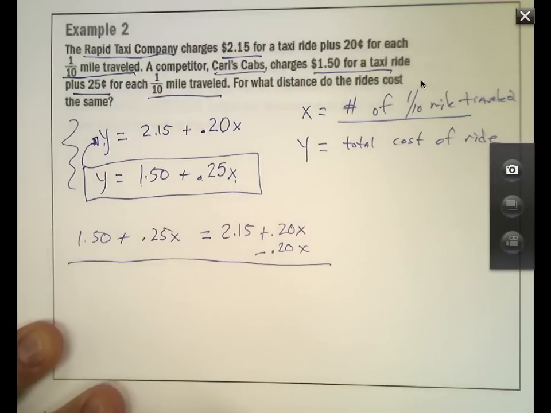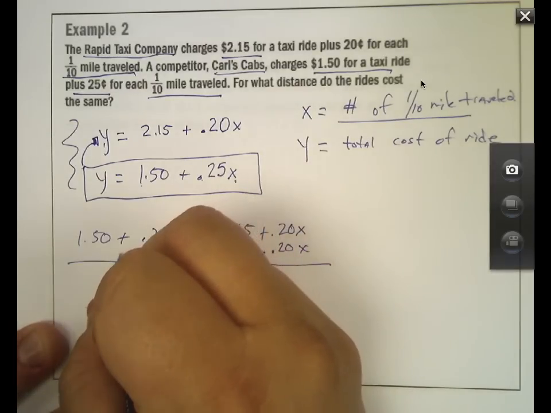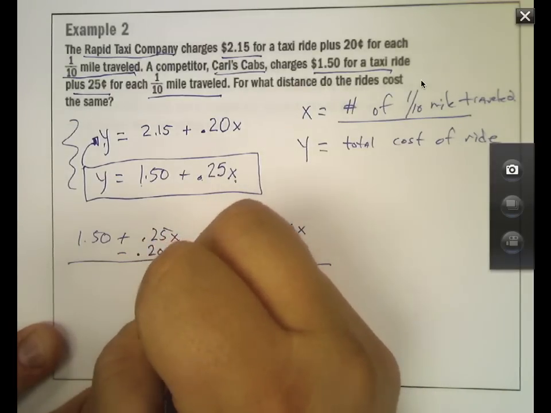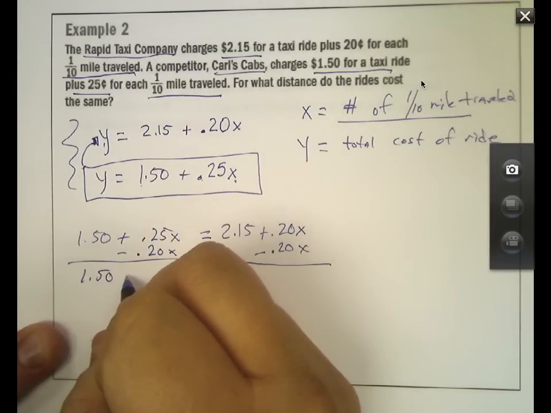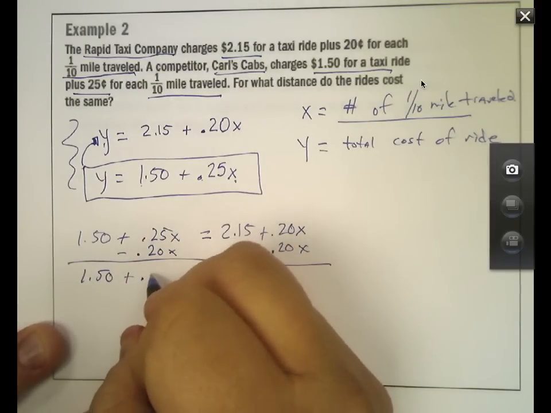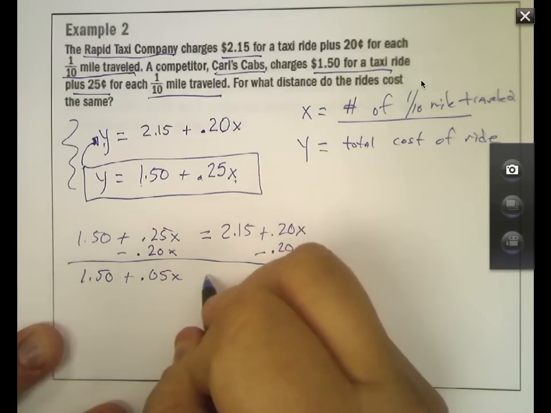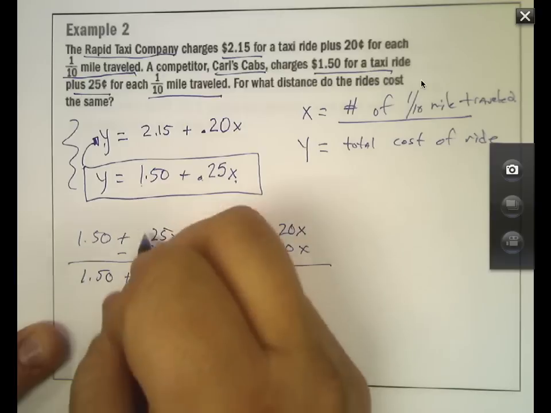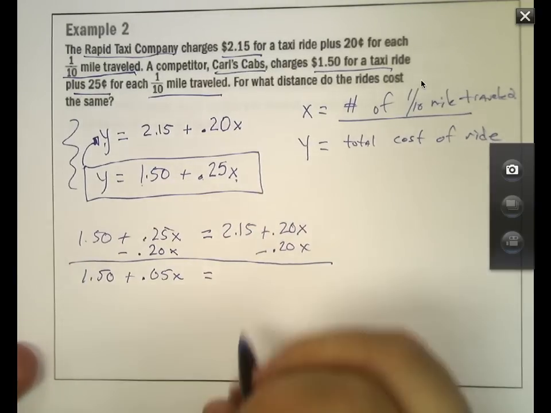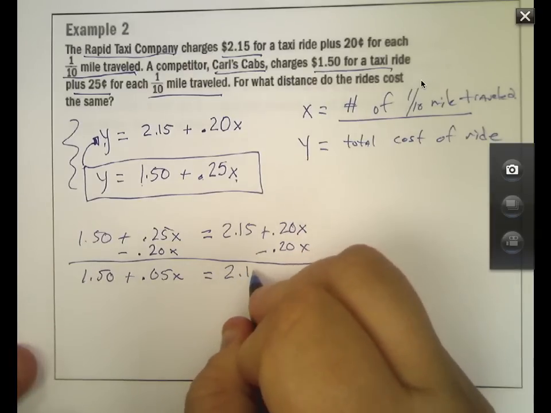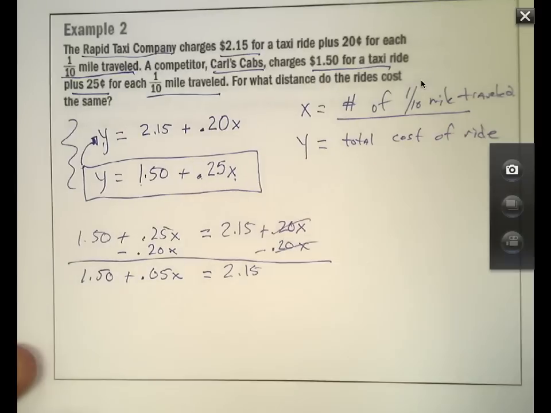Whatever I do to one side, I do to the other side. Leaves me with 1.50 plus 0.05x. Be careful with your decimals, people. Be careful with your decimals. Okay, equals 2.15 now, because those will add out.